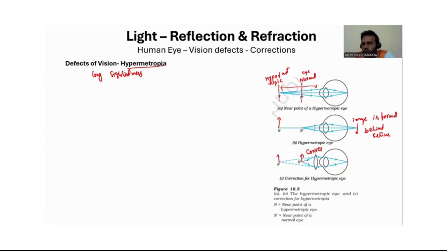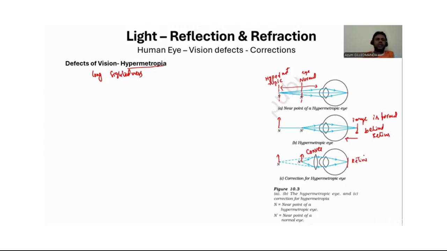If you wear a convex lens and the light ray falls onto this, it converges. In the earlier case, we wanted diverged rays. Here, we need converged rays because we need to reduce the focus distance. We need to bring this focus from here onto the retina. So we converge those rays so that they already bend, and when they pass through the second lens, that is our eye lens, they start forming the image on the retina.